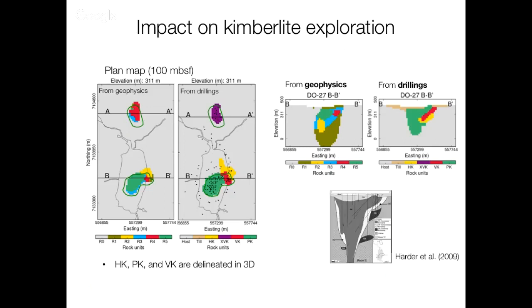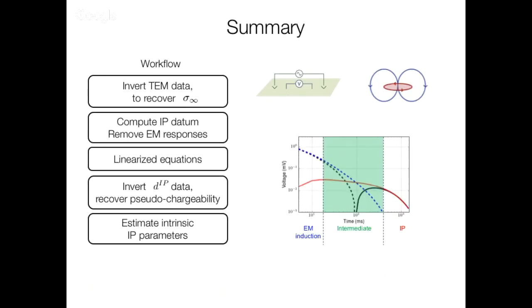In another talk, I've got a much better image of that. But the rock model we got from geophysics, which I showed yesterday actually, and the rock model obtained from drilling were really closely aligned, and very informative.